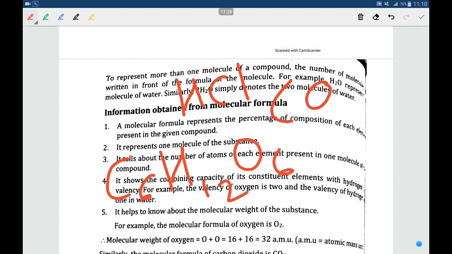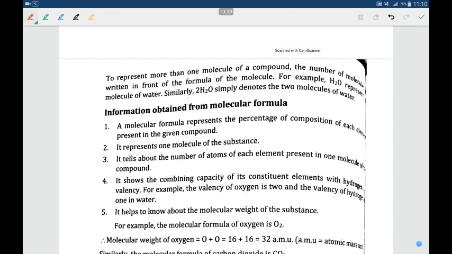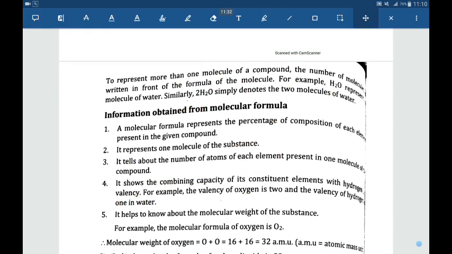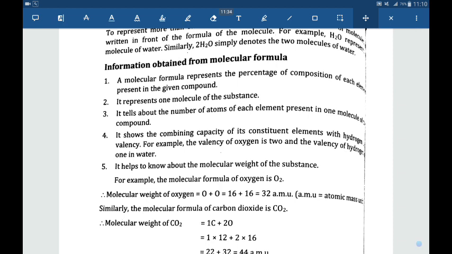This is glucose. These are examples of the molecular formula of a compound, the symbolic representation of a molecule of a compound.